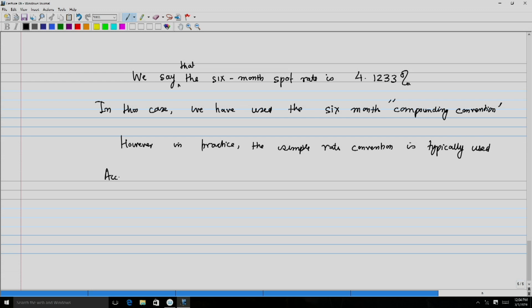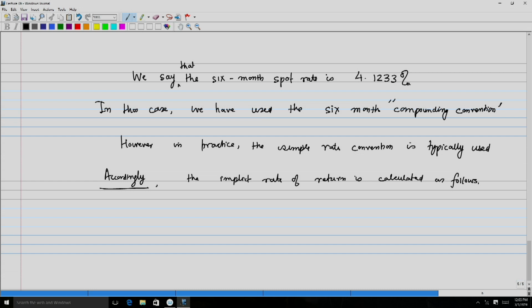So, accordingly, in this example the implicit rate of return is calculated as follows.